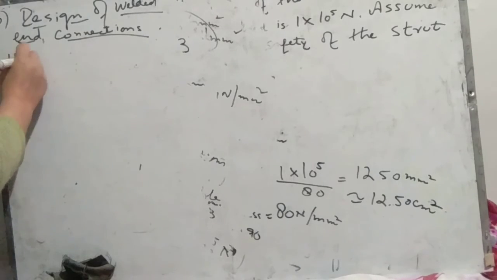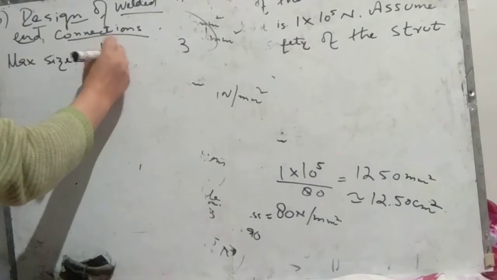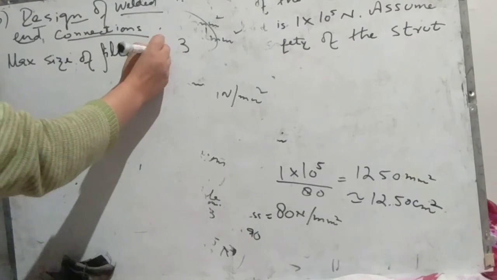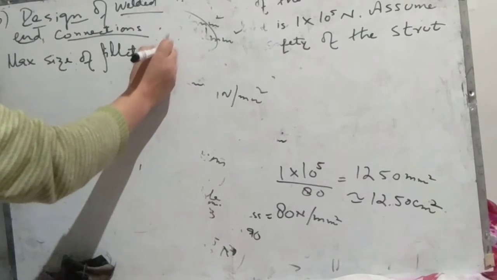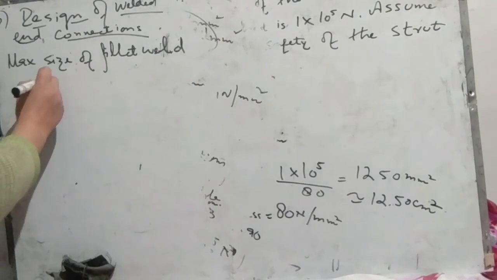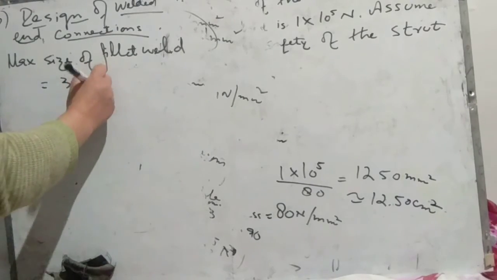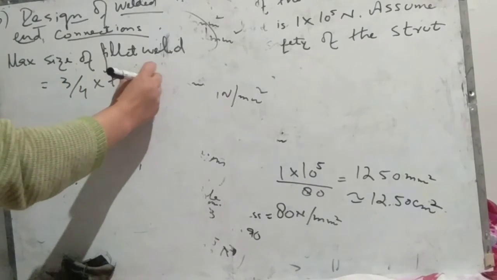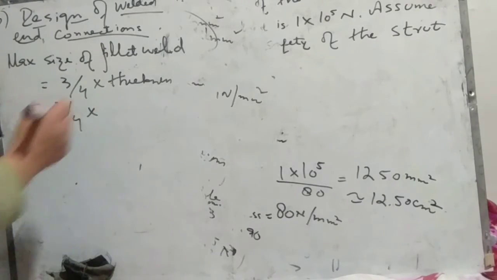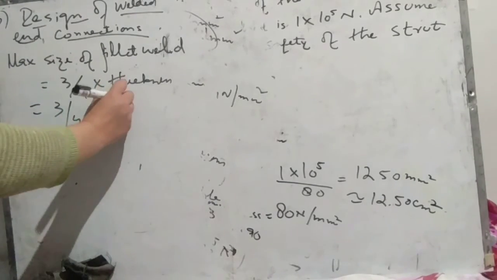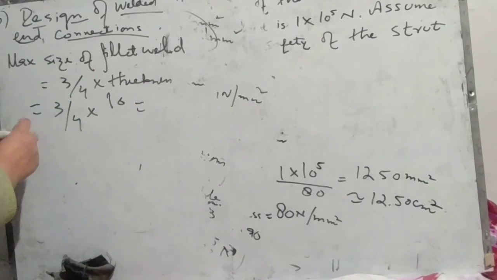First is your maximum size of flat weld. For maximum size of flat weld, we have the formula as 3.4 into thickness. 3.4 into thickness of the angle section, which is 10. So you see what will come after calculation.